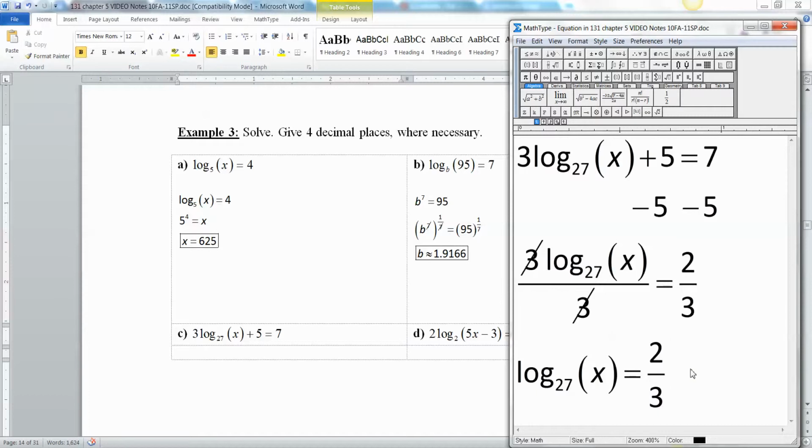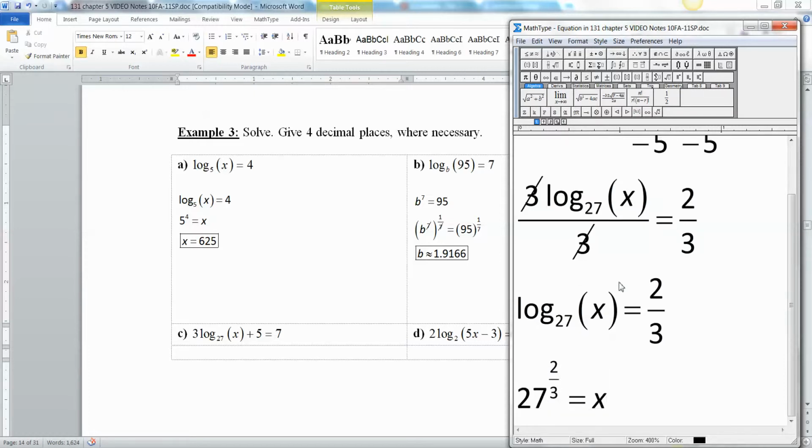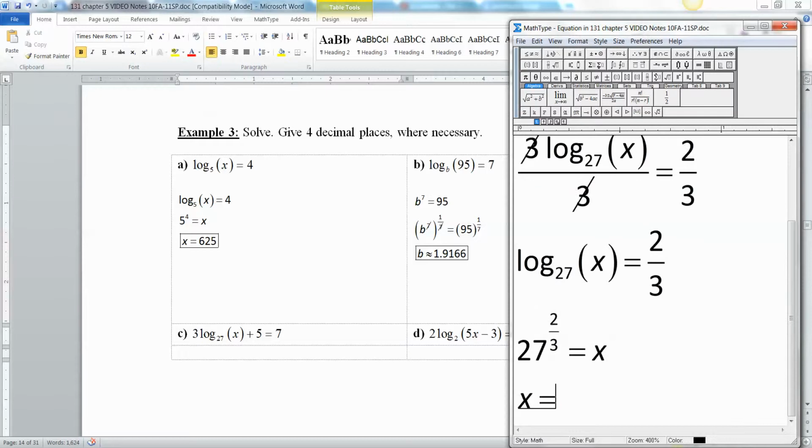All right, well, you still need to solve this for x. You need to get x by itself. So you do 27 to the 2/3 equals x. Well, that means x is, okay, we've done this before, you could do this with a calculator, but we've also done it in our head before. 27 to the 1/3 is 3, 3 to the 2 is 9. So this one's 9.